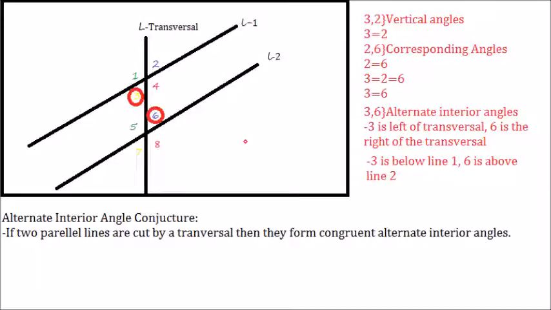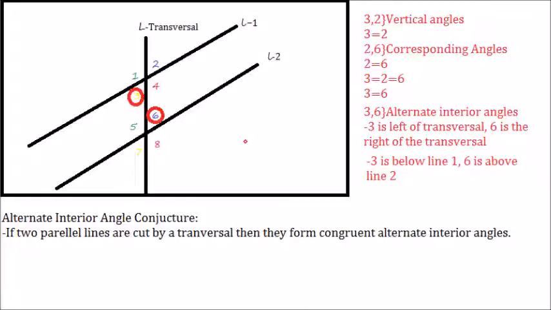In reference to the conjecture earlier, when a transversal line intersects parallel lines, they form congruent corresponding angles, which means 2 equals 6. So if I put that together, the measure of 3 equals 2 equals 6, which also means that 3 equals 6.